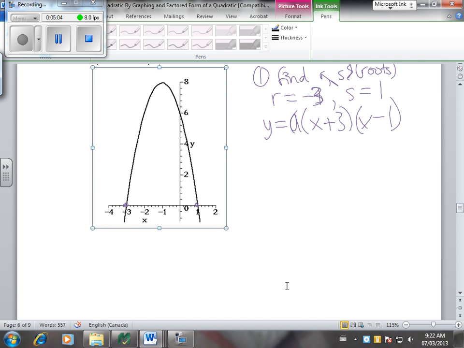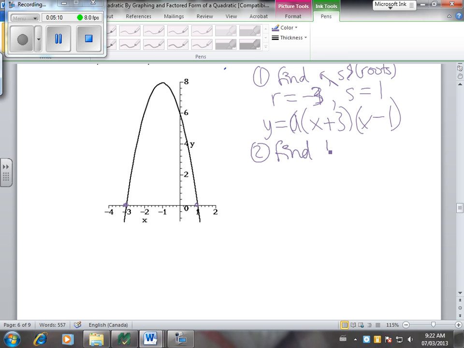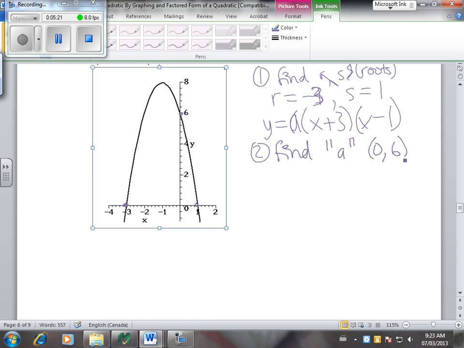Okay? We can also find the value of a. Okay, so we choose a point from the graph. I'm going to choose our y-intercept because it's very clear that this point is 0, 6. Okay, so that's the y-intercept. Again, you can choose any point as long as the coordinates are clear. The y-intercept in this case is just an easy choice. And then you substitute this point into your equation.